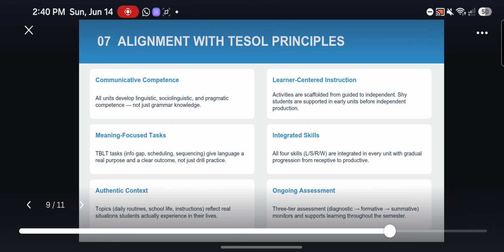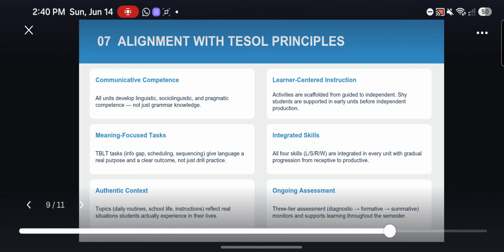Third, meaning-focused tasks. All TBLT tasks have a clear real-world purpose. Students follow a schedule, sequence instructions, or write for a real reader, not just for the teacher. Fourth is integrated skills.